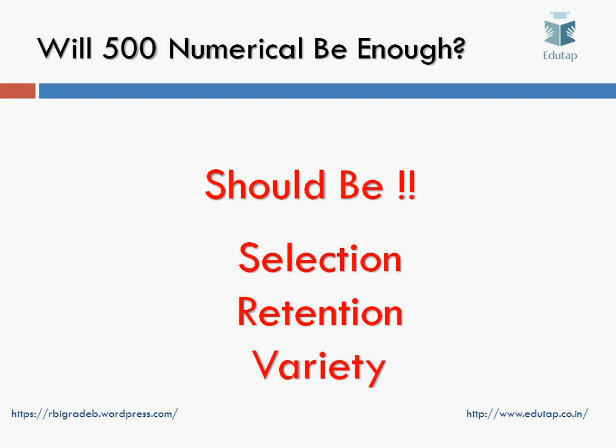But in the exam there is a question not on bond pricing, but on finding the interest rate or the coupon rate, and the bond price is already given. So you need to have variety. Keep these 3 points in mind: selection, retention and variety, while preparing for the numerical part.